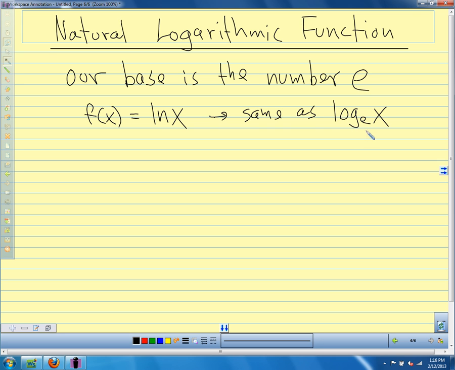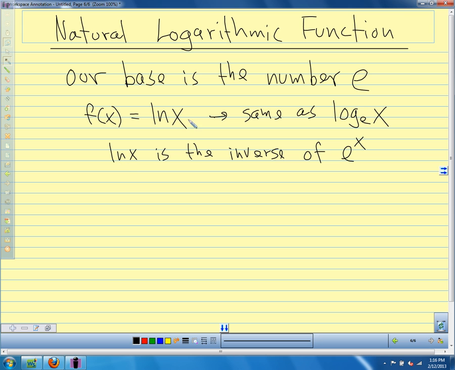And the natural log function is the inverse of e to the x. So our inverse functions are e to the x and natural log of x.